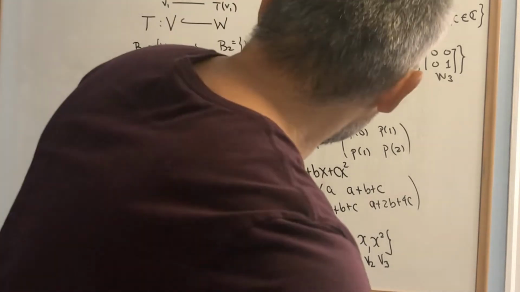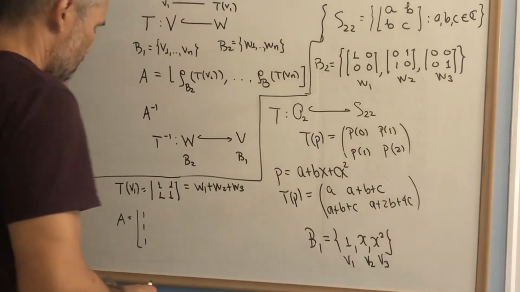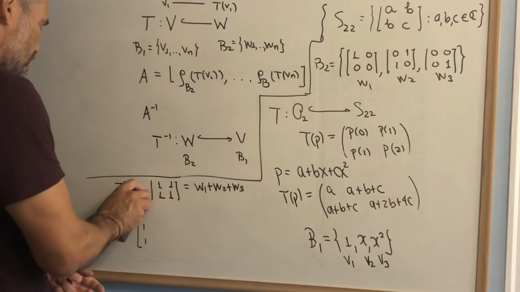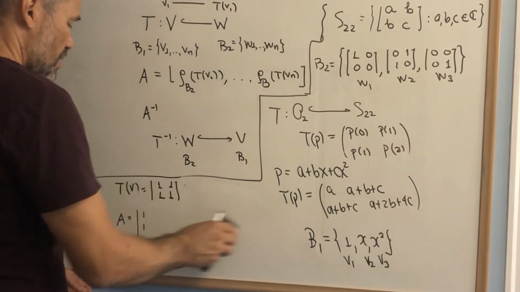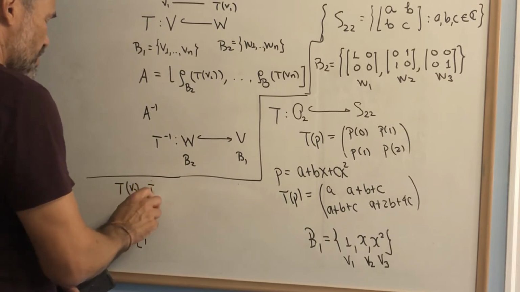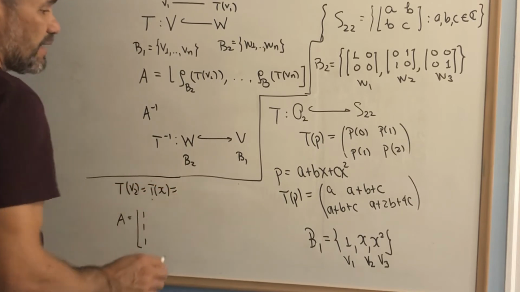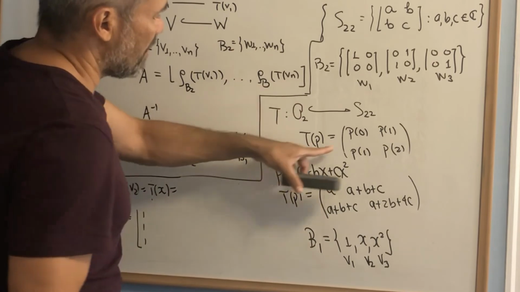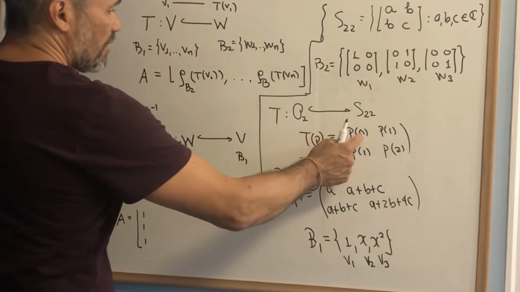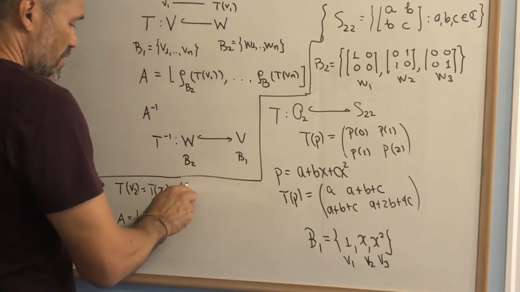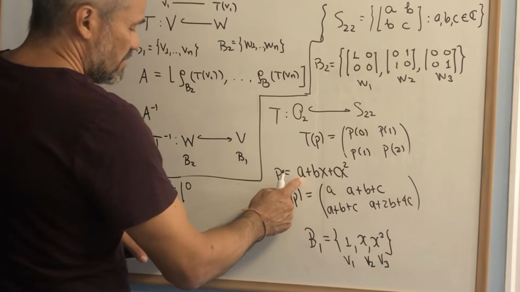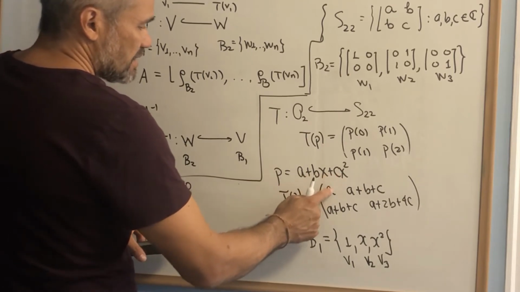Let's compute T of b2. T of b2 is T of the polynomial x, and T of the polynomial x is that polynomial evaluated at 0, which is 0. We can say here for T of x, a is 0, b is 1, and c is 0.